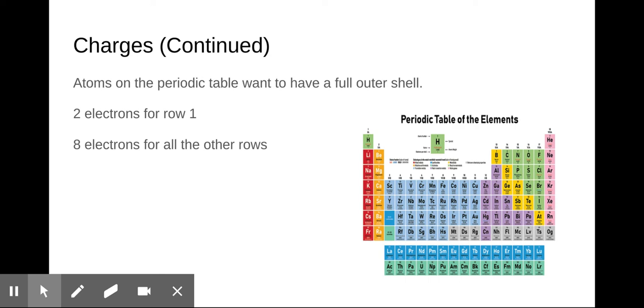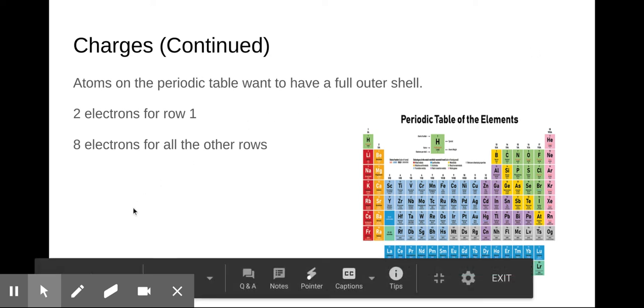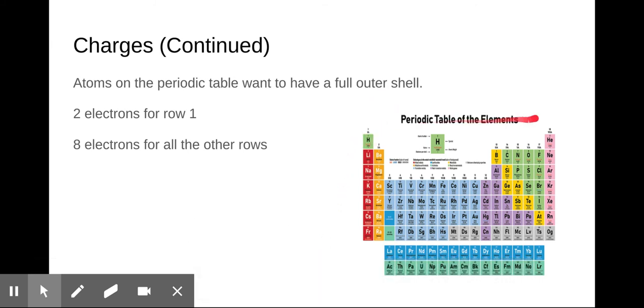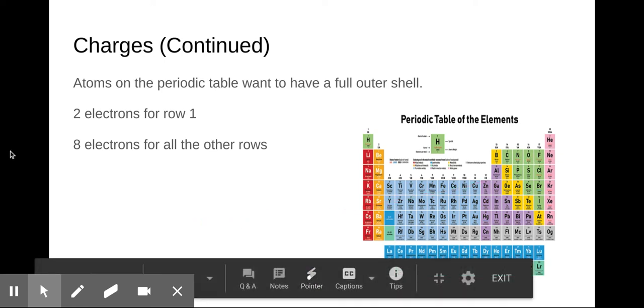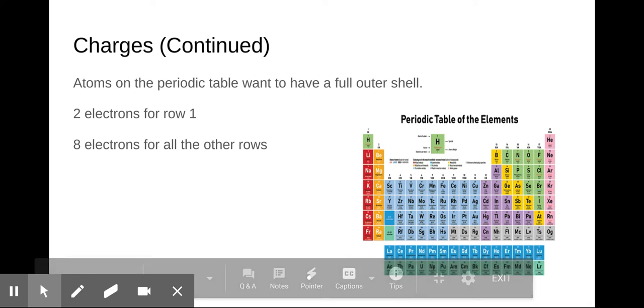Because if you look on the periodic table, our first row has 1, 2 elements in it. If we go to any of the other rows, like our second one here, we can count up 1, 2, 3, 4, 5, 6, 7, 8 valence electrons. So 2 electrons for row 1 and 8 electrons for all the other rows.